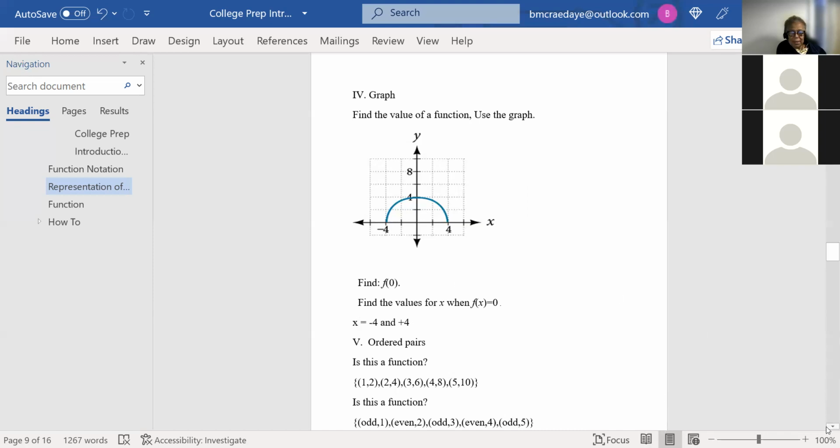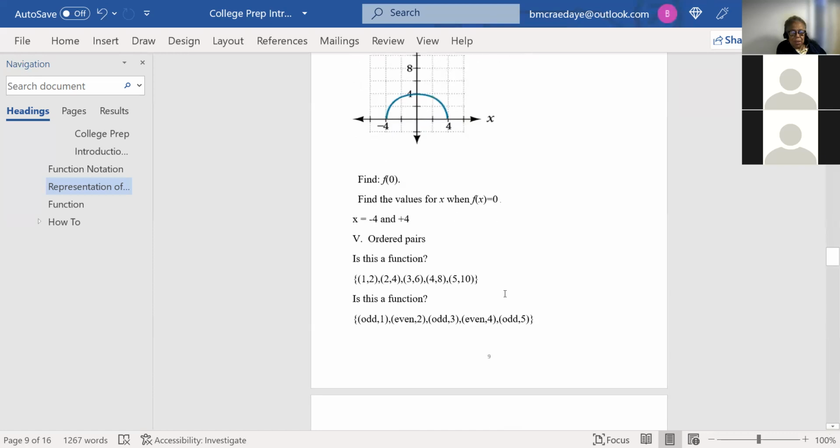Now the next one is ordered pairs. Now, you know what ordered pairs are, right? It's an X and a Y, and they're in that order. So if I had this point right here, can you see where I'm putting my pointer?